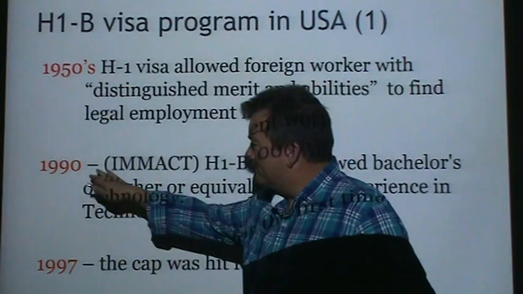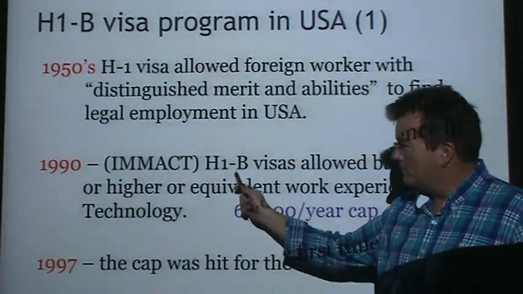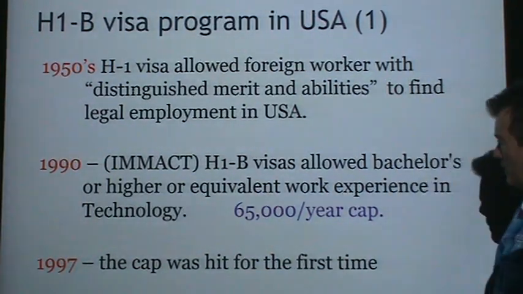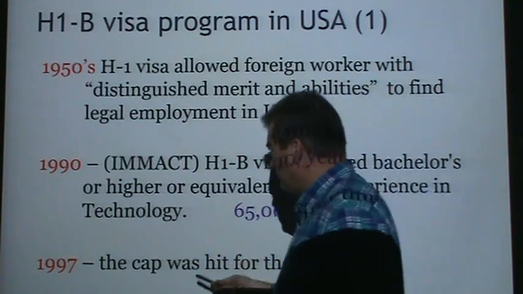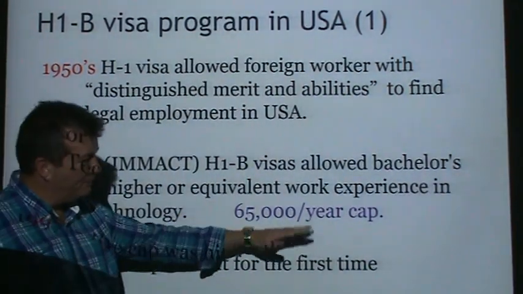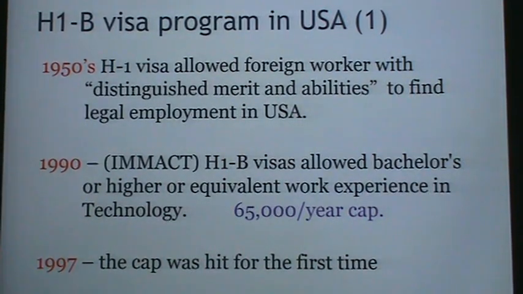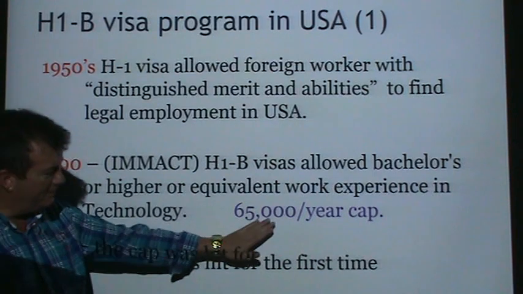The Immigration Act of 1990 added a new type of visa called the H-1B visa, which allowed people with a bachelor's degree or higher, bachelor's, master's, or PhD, or the equivalent work experience to come to the United States. And they originally set the cap at 65,000 per year.